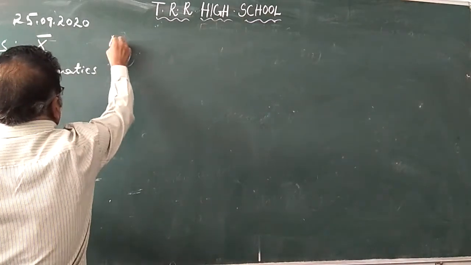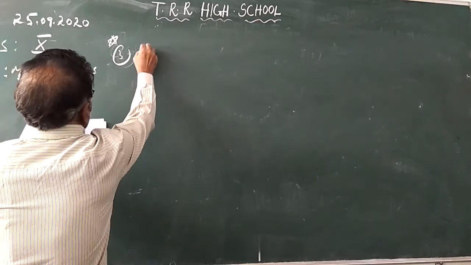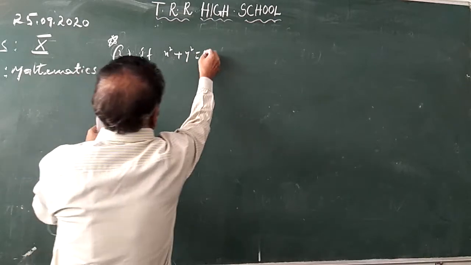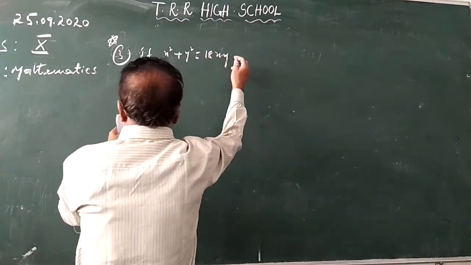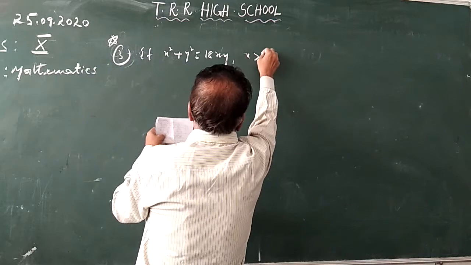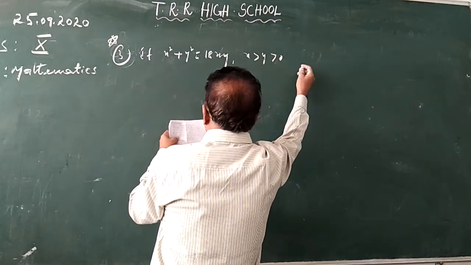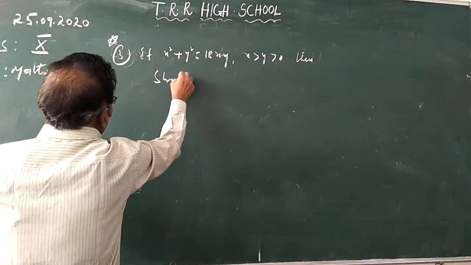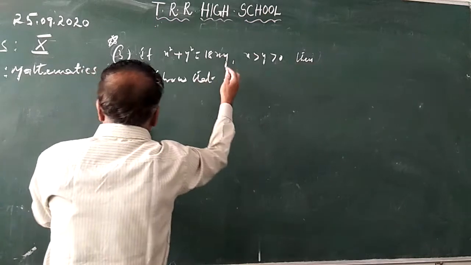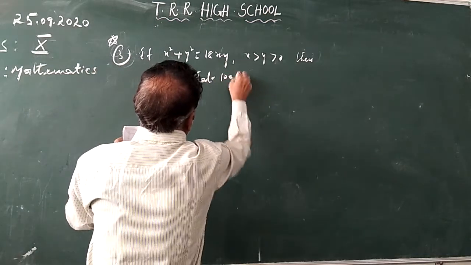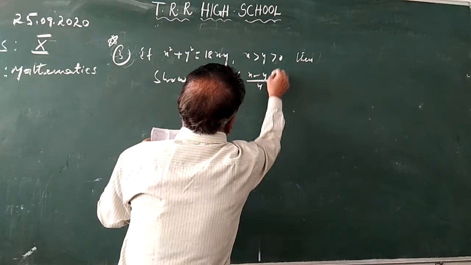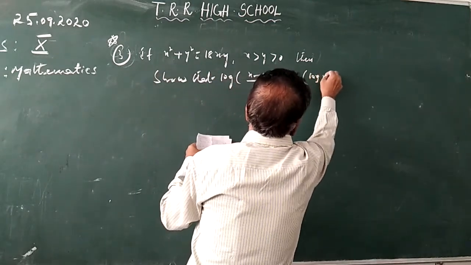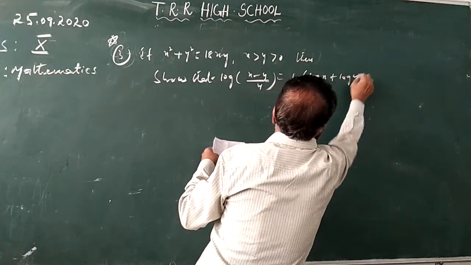This is the most important model, for 4 marks. If x square plus y square equal to 18xy, with the condition x is greater than y is greater than 0, then show or prove that log of (x minus y) by 4 equals 1 by 2 of (log x plus log y).